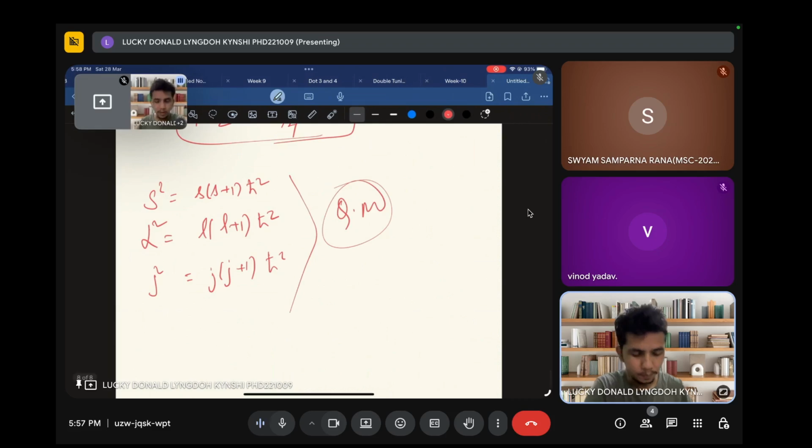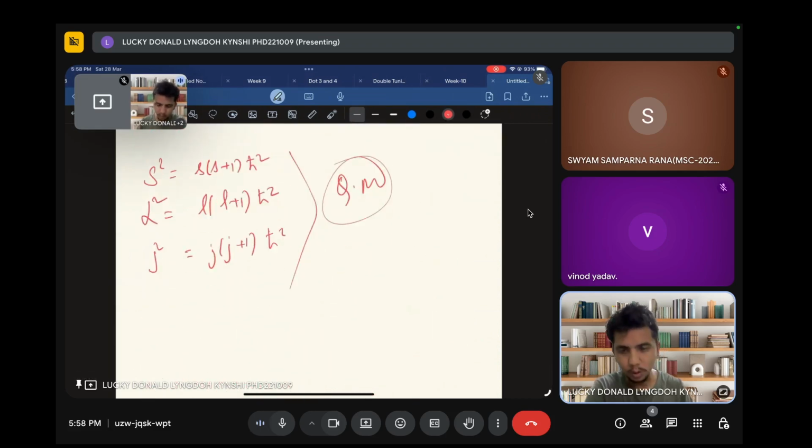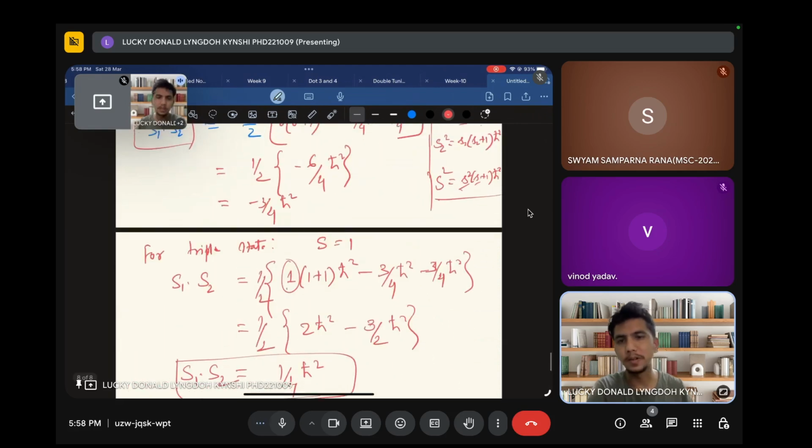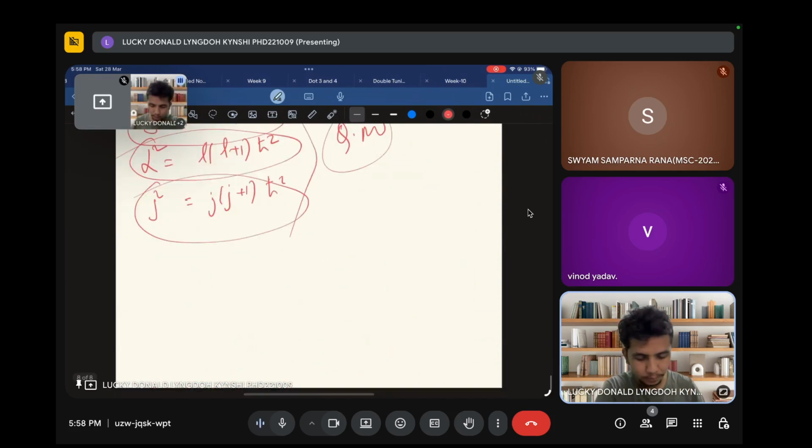Then you can substitute the value of your spin, or if you are using angular momentum as we have done before, this is your spin, and this is your total angular momentum J, and this is the concept that we are using here in the two spin states. Okay, fine.